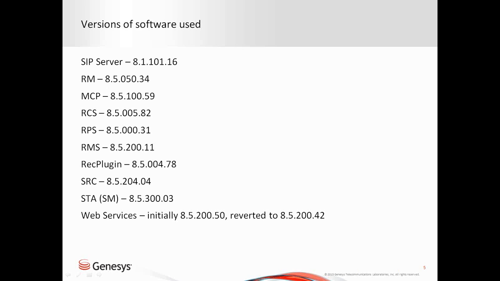And then screen recording client 8.5.204.04. Speech and text analytics, also known as Speechminer, we're using version 8.5.300.03. And then web services. Initially we were using 8.5.200.50, but we reverted to 8.5.200.42, and I can explain that tomorrow when it becomes more relevant.